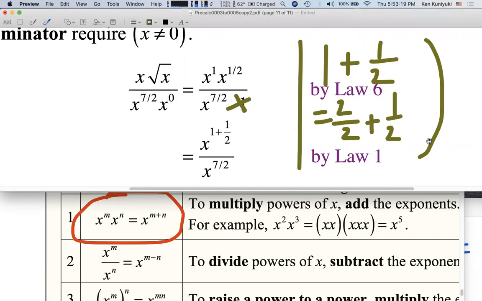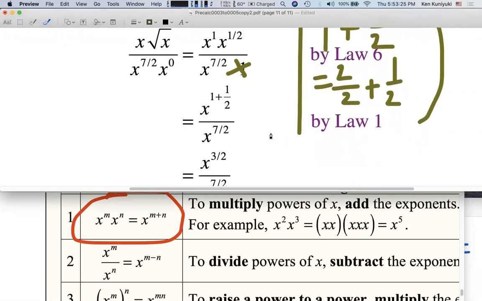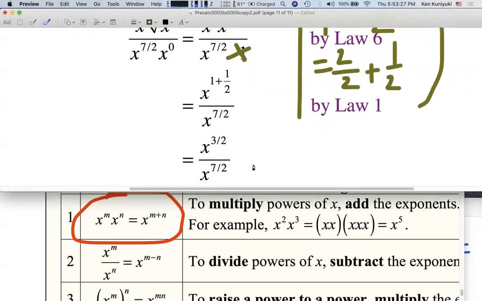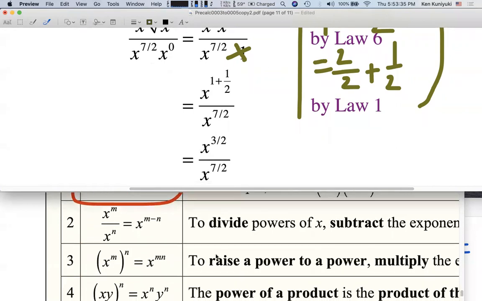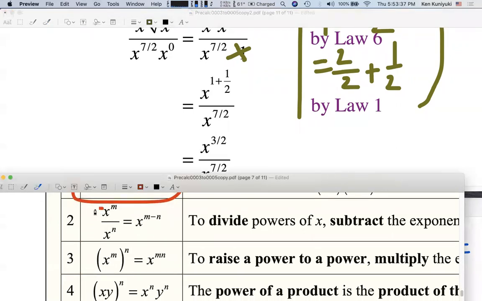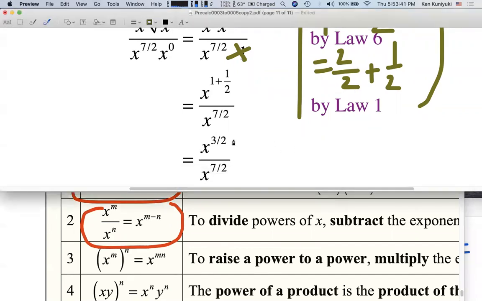Again, I do recommend side work instead of trying to micromanage over here. Do side work like this if you have to. We have x to the 3/2 over x to the 7/2. I'm ignoring the hidden restrictions for now. When you divide powers of x, what do you do to the exponents? That's rule 2 over here. When you divide powers of x, you subtract the exponents. What's 3/2 minus 7/2?